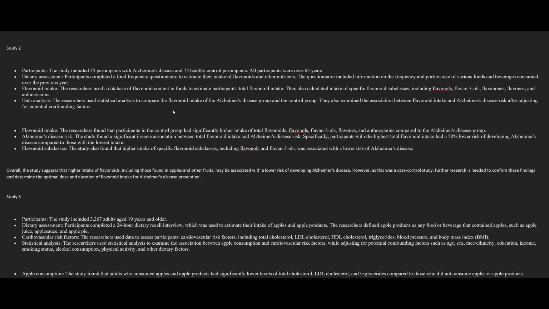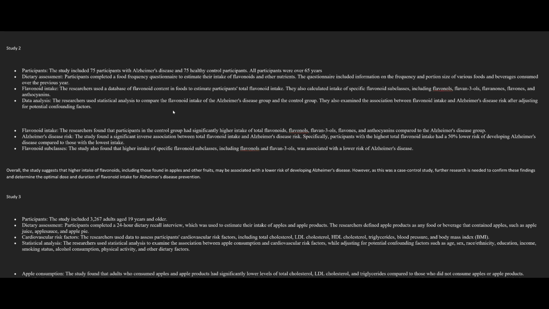Flavonoid intake. The researchers used a database of flavonoid content in foods to estimate participants' total flavonoid intake. They also calculated intake of specific flavonoid subclasses, including flavonols, flavanols, flavanones, and anthocyanins.